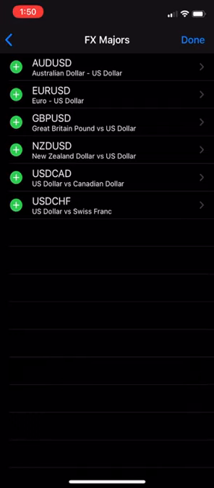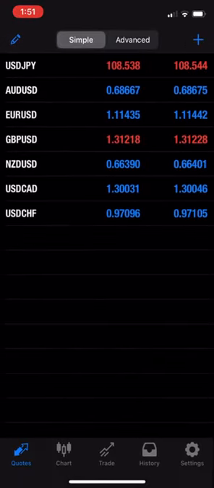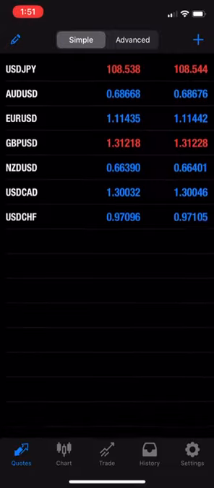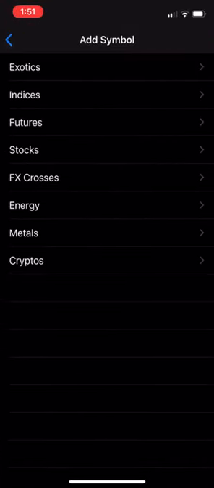All of these are based off the USD, so they have USD either as the base pair, or the USD is the second pair that we're trading against. If we want to add these, we just click on the green plus sign. Then we can go back to our quotes page and you'll see that they're on there now.